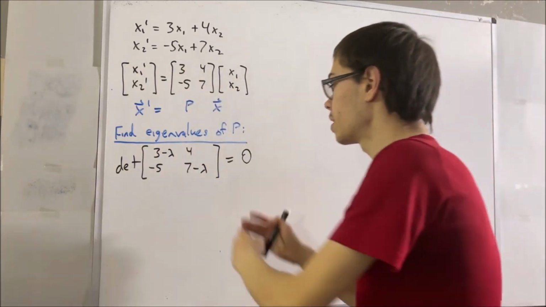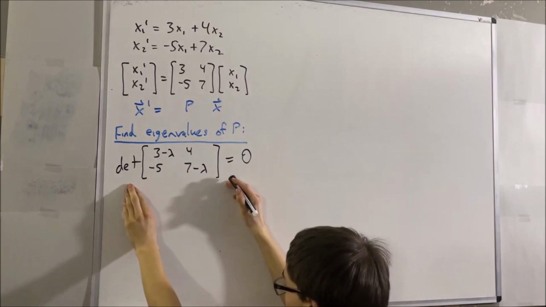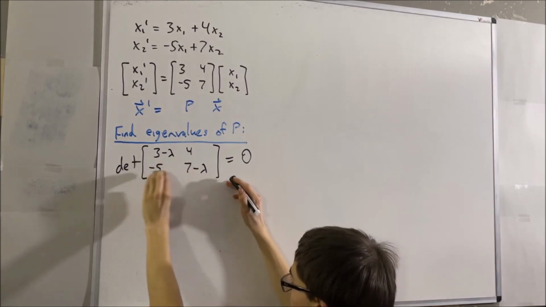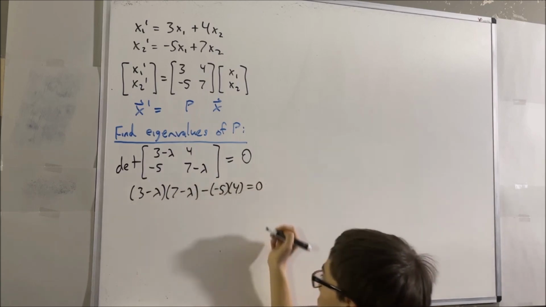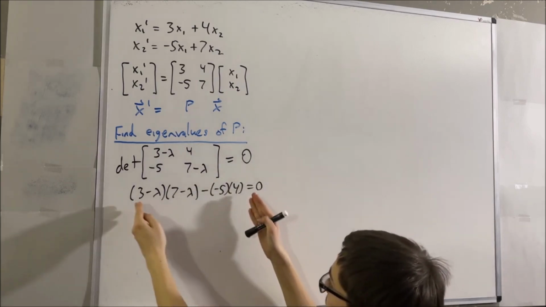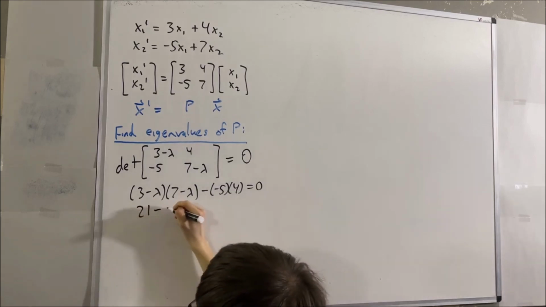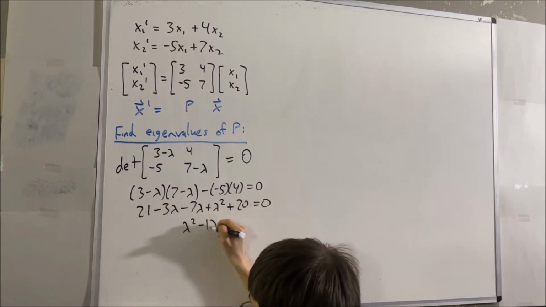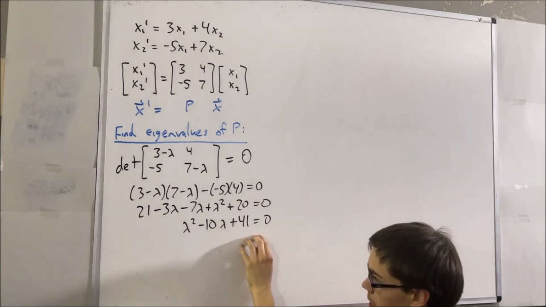And so really, solving for lambda, the determinant of a 2 by 2 matrix, if you recall, is this times this minus this times this. And so at this point, I'm just going to simplify the left-hand side of this equation as much as possible. And as you can see, we end up with a quadratic equation.